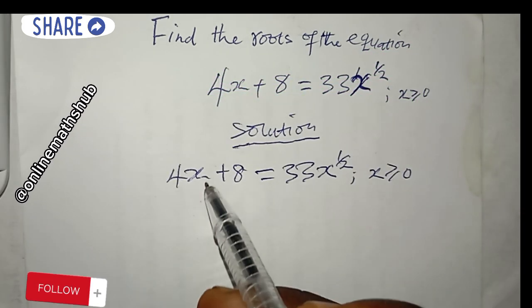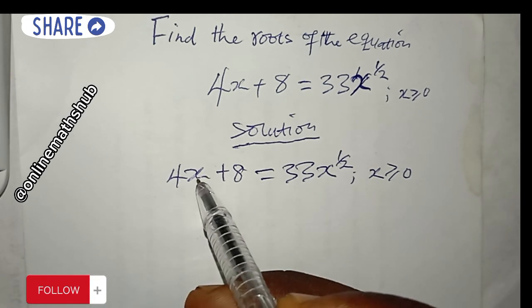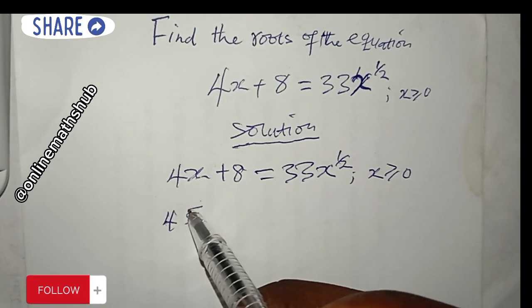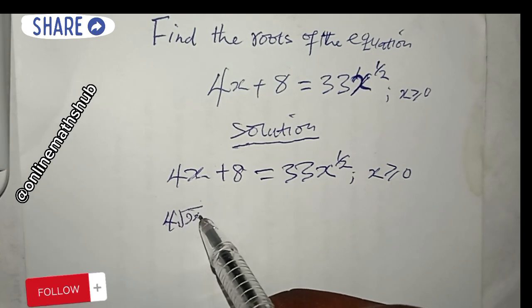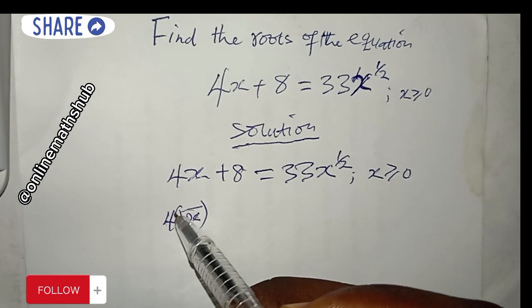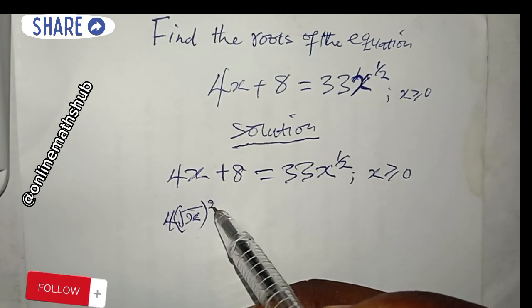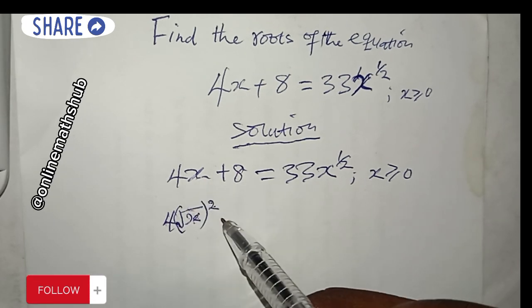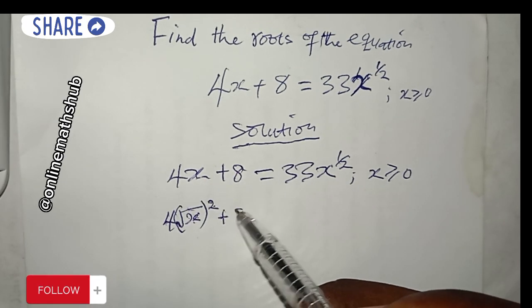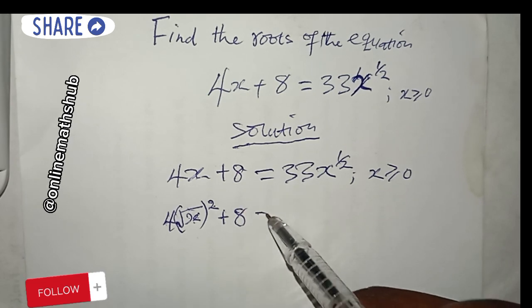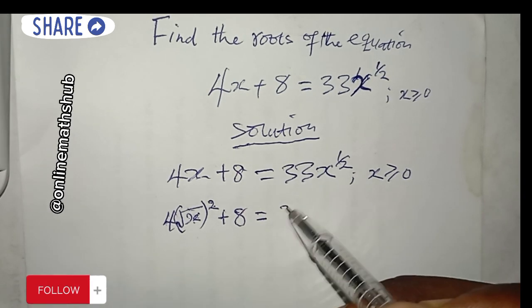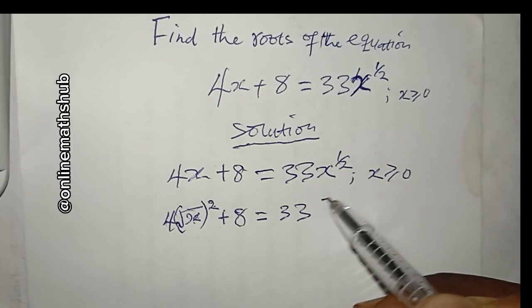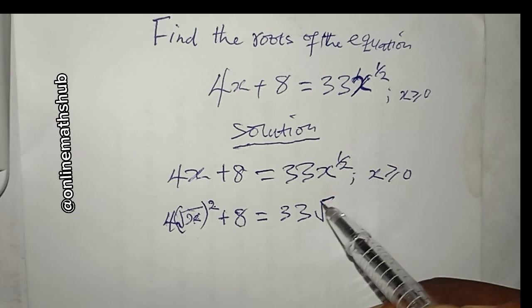So what I'm going to do is write this x as root x, then power 2. If I square it, of course the square root and the square can cancel, and then I'm left with x. So plus 8 is equal to, I can write this x power 1 over 2 as root x.